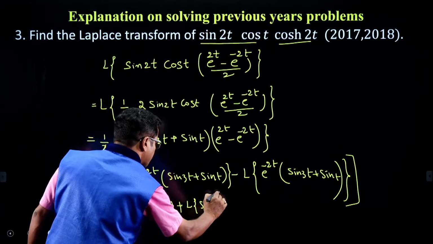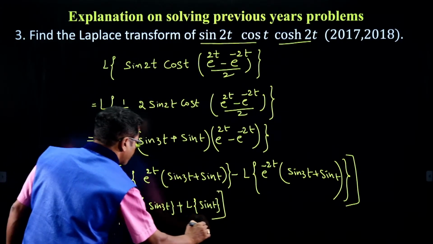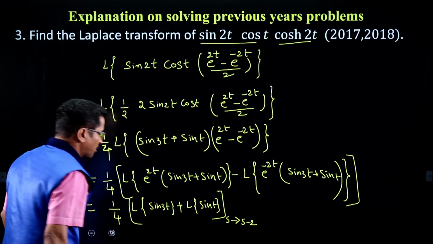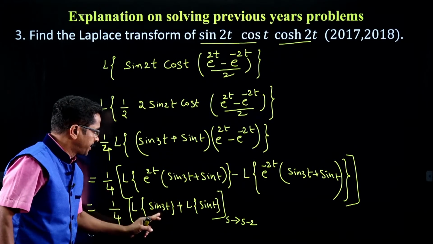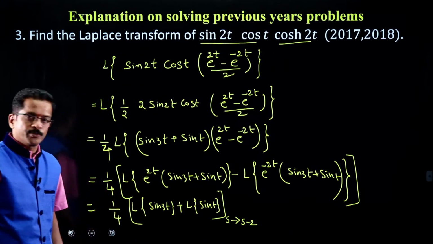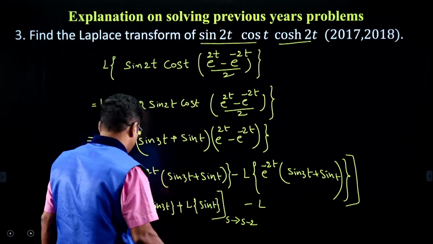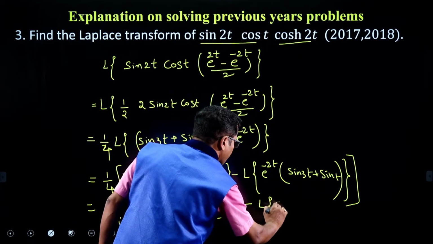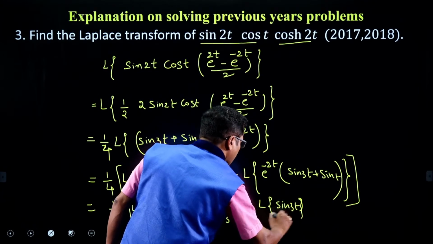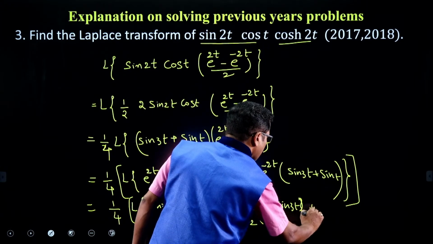For this, S is shifted to S minus 2, because these two terms are with the combination of e power 2t. So S shifted to S minus 2, plus L of sin 3t plus L of sin t.